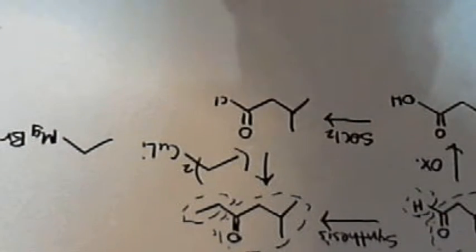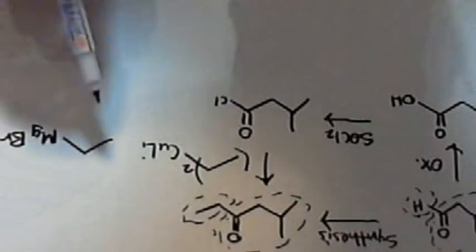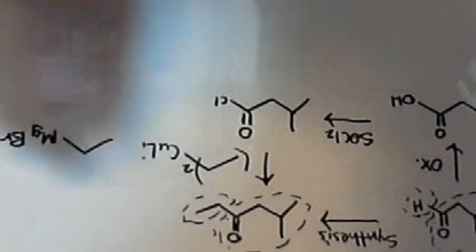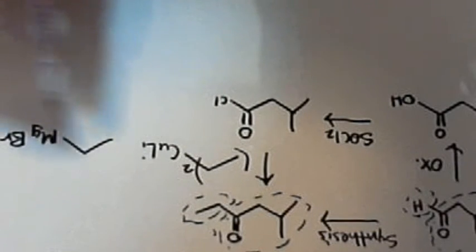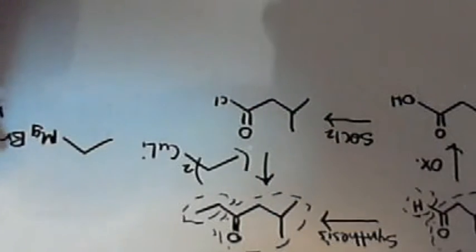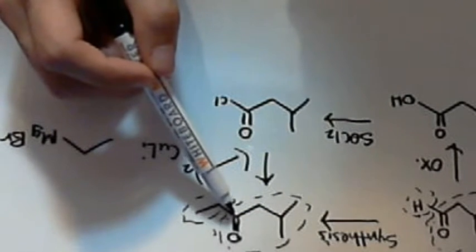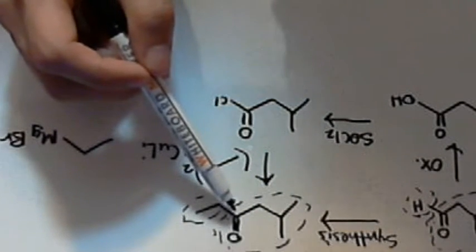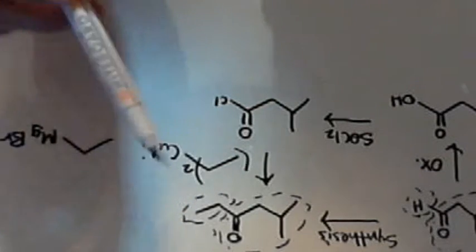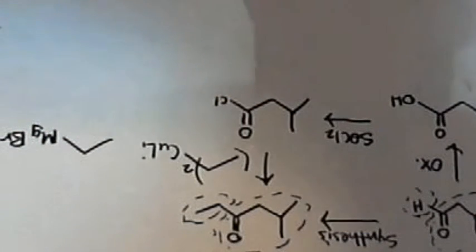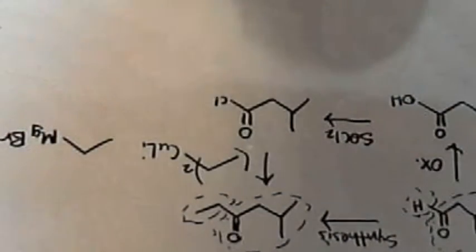Okay? So which is the actual choice, right? Well, we know if we have magnesium bromide, this magnesium bromide is so nucleophilic that it would actually go and attack that carbonyl carbon, and we actually would get an alcohol.